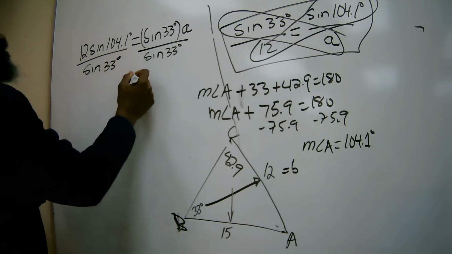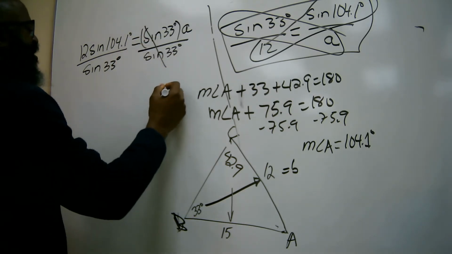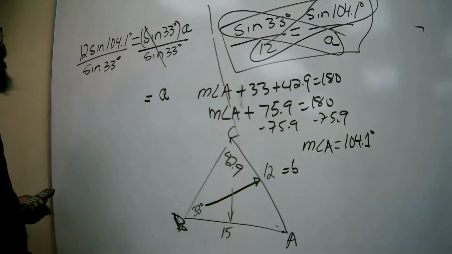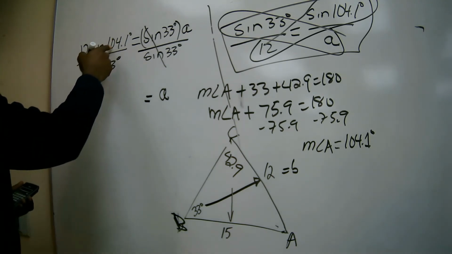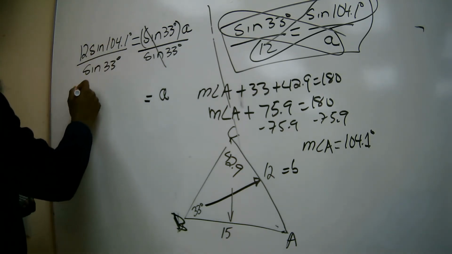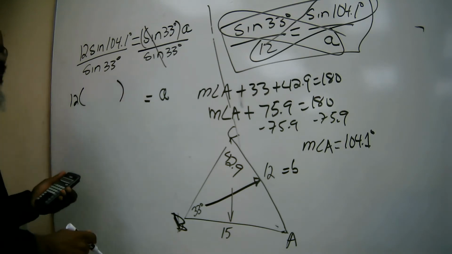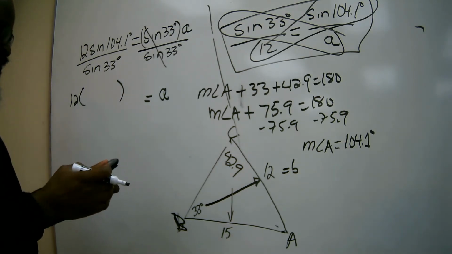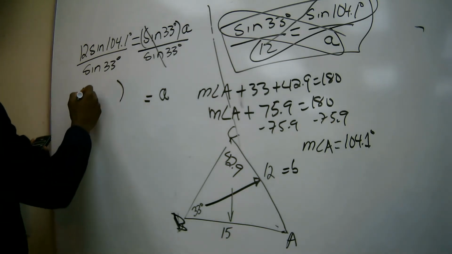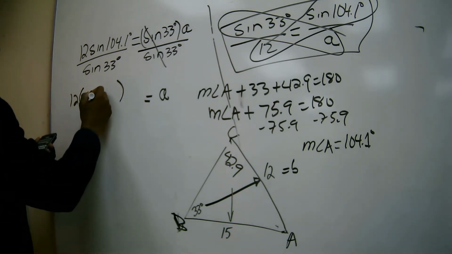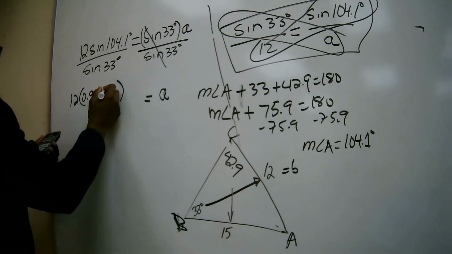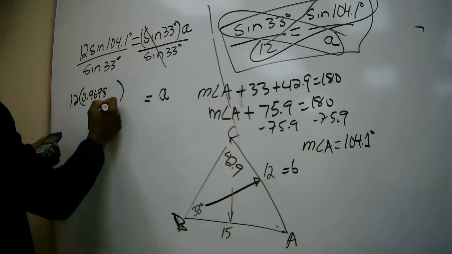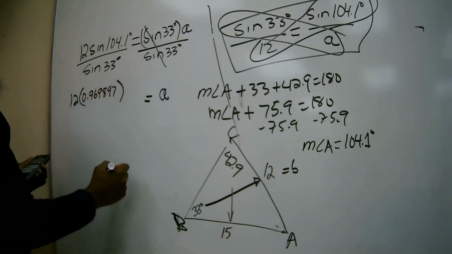So it is essential that you know how to manipulate your calculator. Then I will take whatever sine of 104.1 is. On your calculator, you press sine, and it tells me 0.9698 or so.